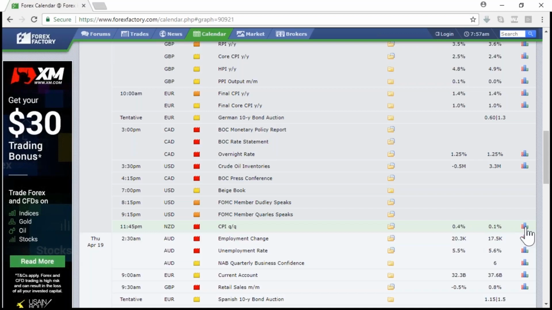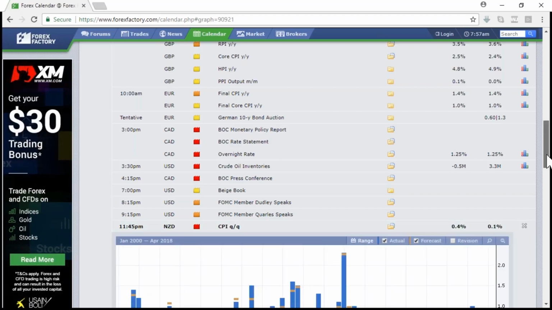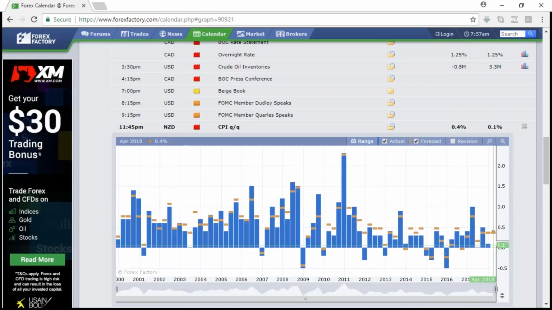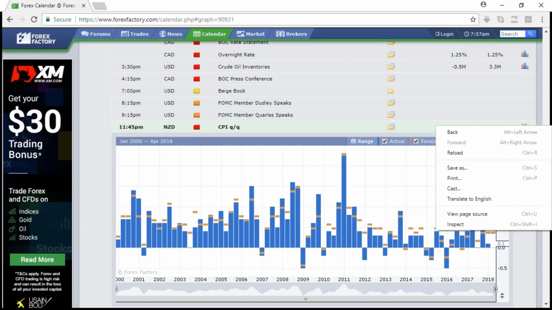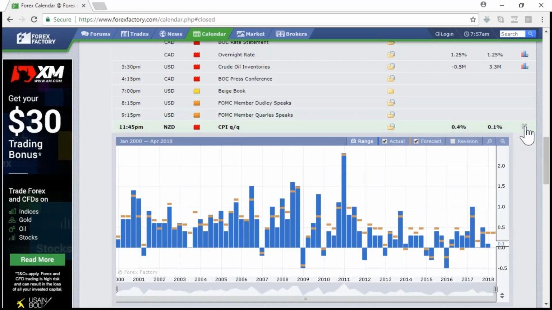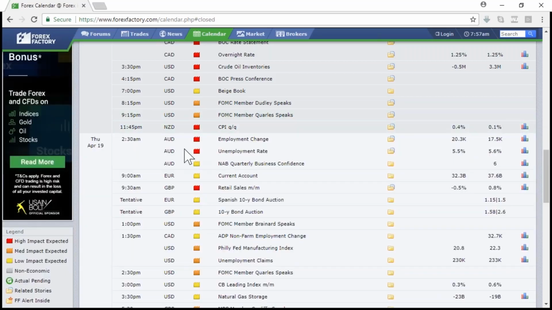Now we were supposed to achieve a 0.4 last quarter, and as you can see, we achieved a 0.1. So we missed the mark previously. So we'll just bear that in mind for those of you, especially who are trading the New Zealand dollar. So those are the news events for the day. Those are things that are able to impact us when we trade these markets.